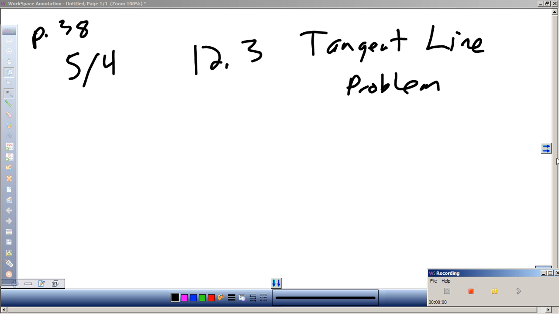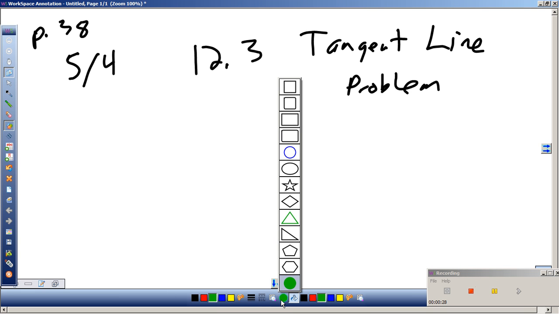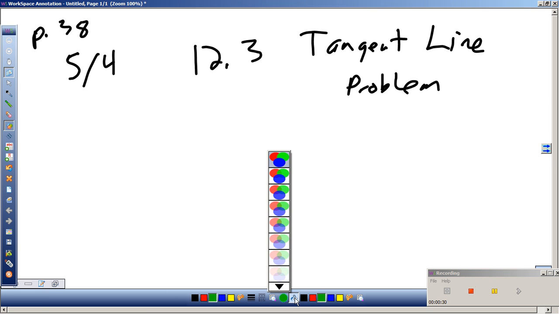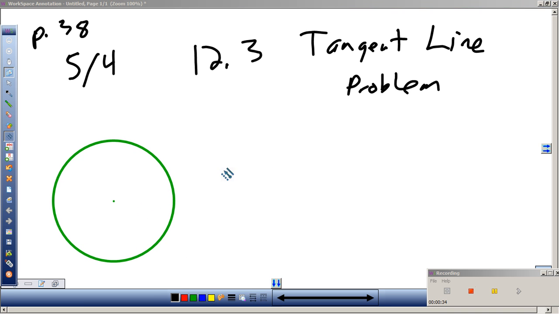Remember from geometry, you had something where you wanted to touch a curve at one point. You ever remember that from geometry? Yes, no, maybe. Okay, so that's a tangent line. Our goal is we want a tangent line to any graph.